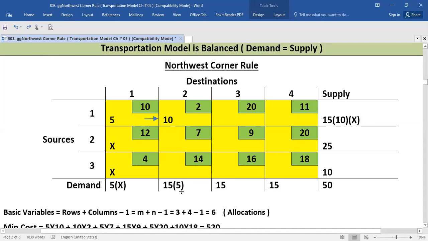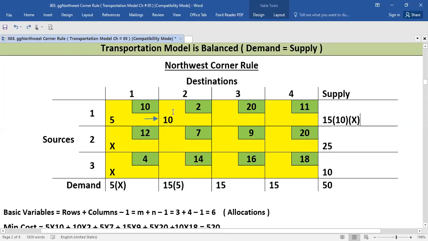Now I discuss these 2 points. Your demand was 15. After the allocation, when you subtract this allocation from 15, you are left with 5. 5 is your demand which is being left. On the other side, your supply was 10.